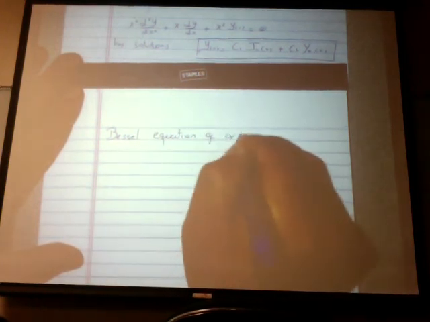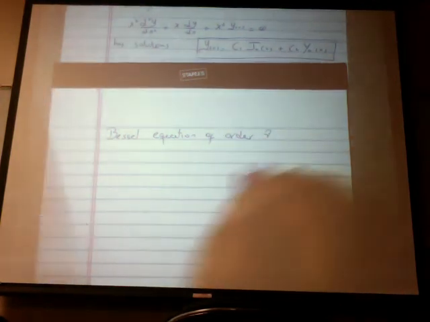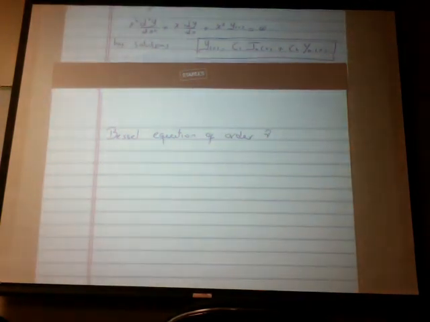So what is the Bessel equation of order nu? That's an equation that looks like this.